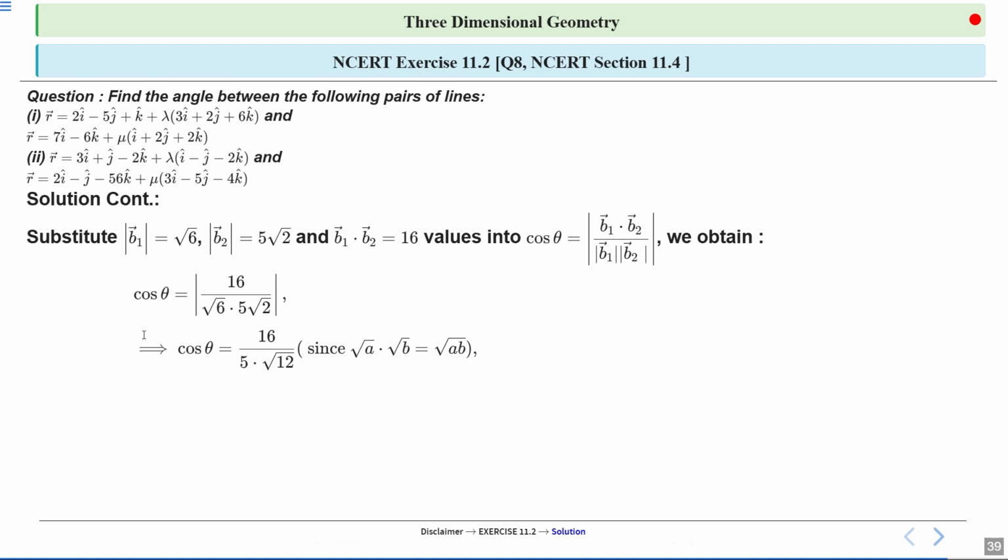So it implies cos theta equals 16 divided by 5 times square root of 12, since square root of a times square root of b equals square root of a times b. It implies cos theta equals 16 divided by 5 times square root of 4 times 3.